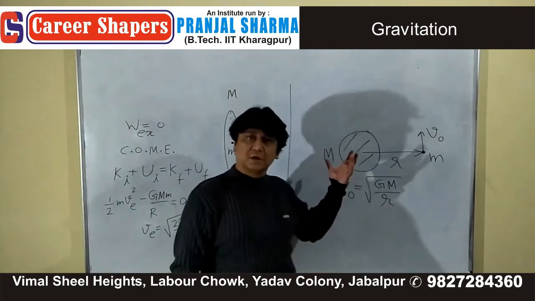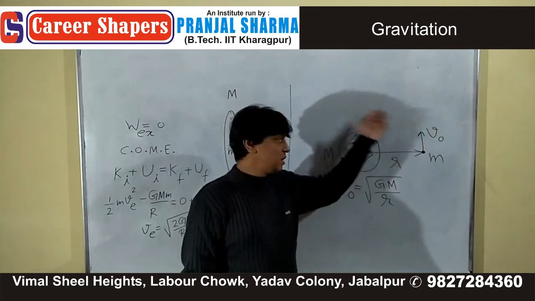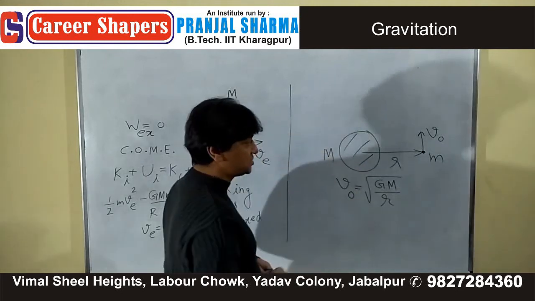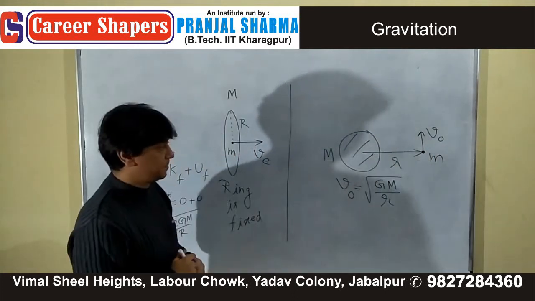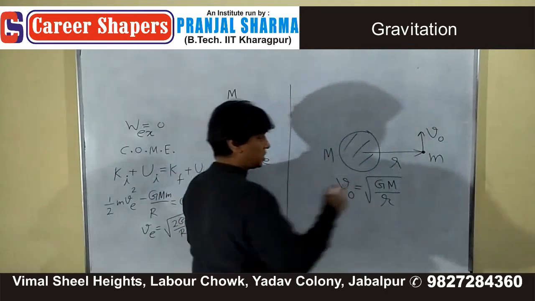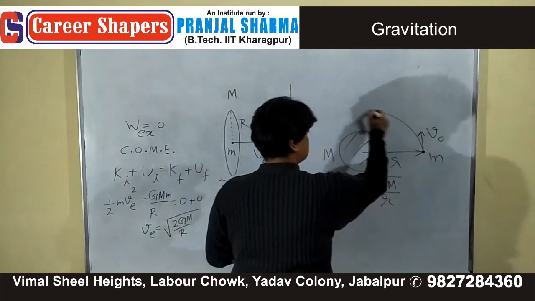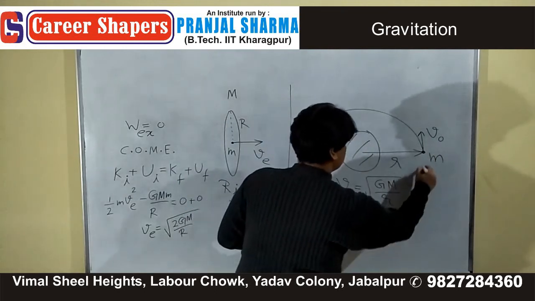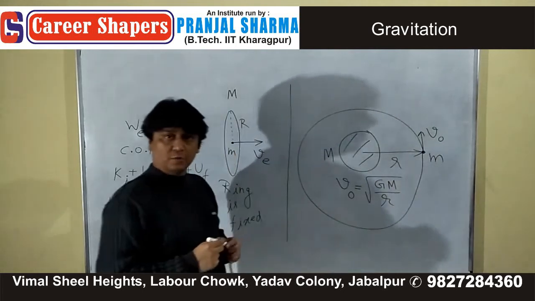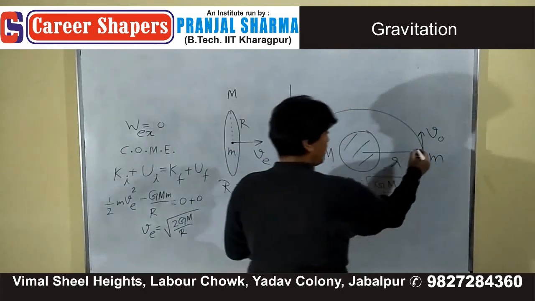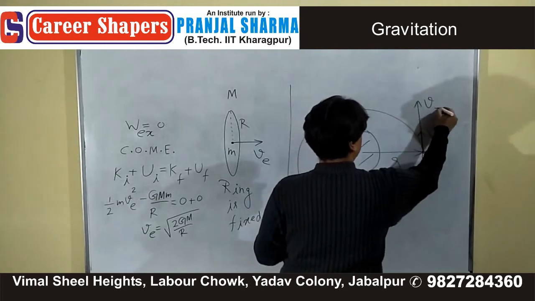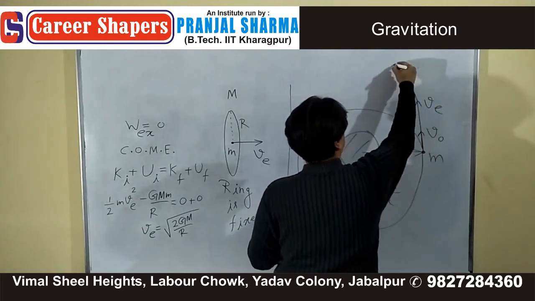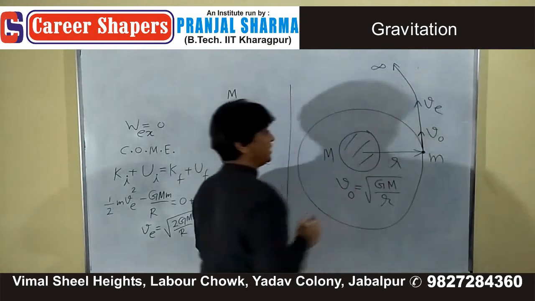That means it's no longer in the circular orbit. You changed its speed from VO to VE. For circular orbit, speed is what? VO. But what you did, you gave it some velocity VE and then it goes to infinity.